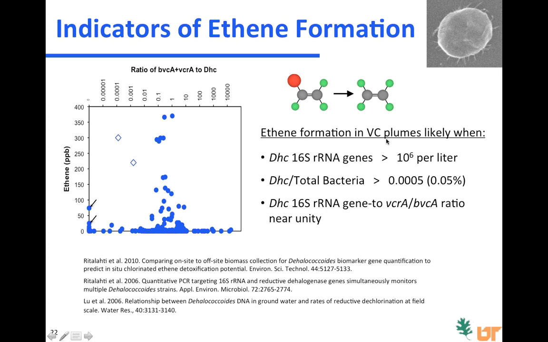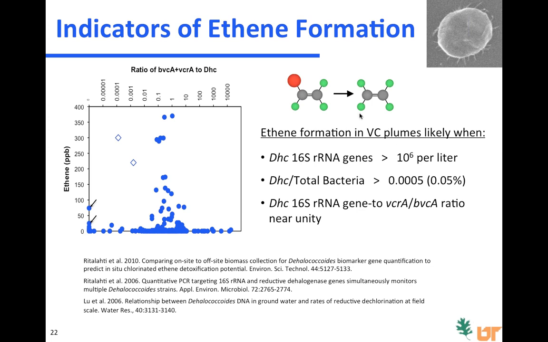Okay, so this is a good approach because we can measure the 16S rRNA gene of Dehalococcoides, we can measure vcrA, we can measure bvcA, and this ratio near unity is a good indicator for ethene formation. We also noted that the ratio of Dehalococcoides to total bacteria, which can also be measured using qPCR, when that ratio is greater than 0.05%, it's also a strong indicator of ethene formation.